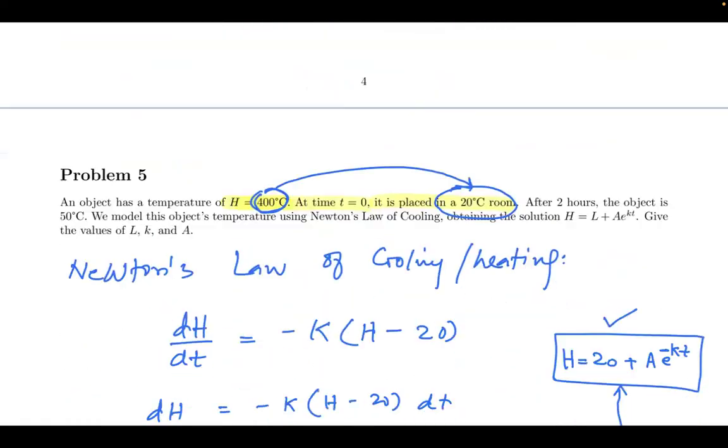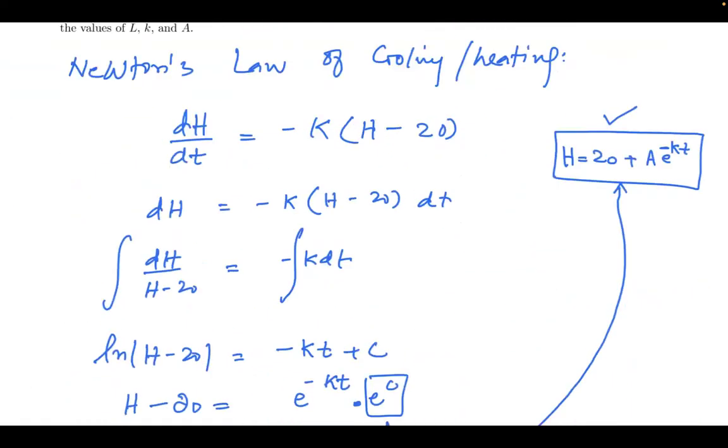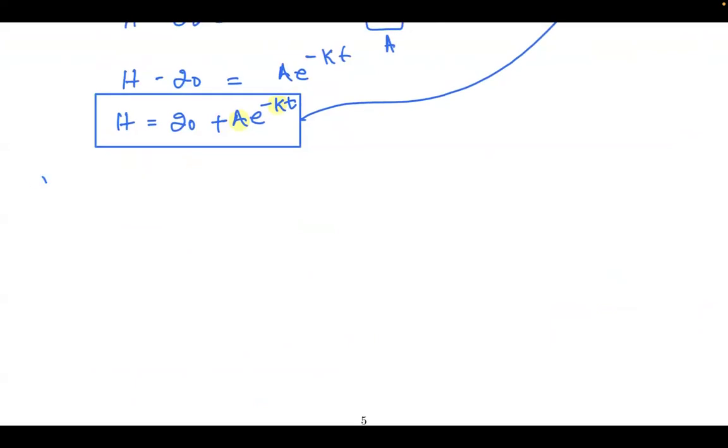So I need to determine what's the value of a and what's the value of k. So you can read this problem and see that, okay, time is equal to 0, the temperature is 400. So you can use this thing here, at t is equal to 0, the temperature is 400. If you plug these values here, h is equal to 400 is equal to 20 plus a e to the negative k times 0.